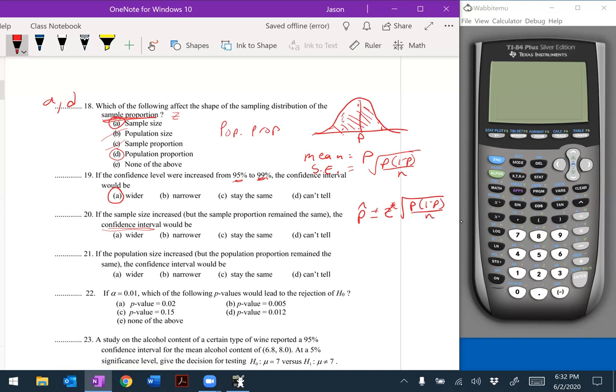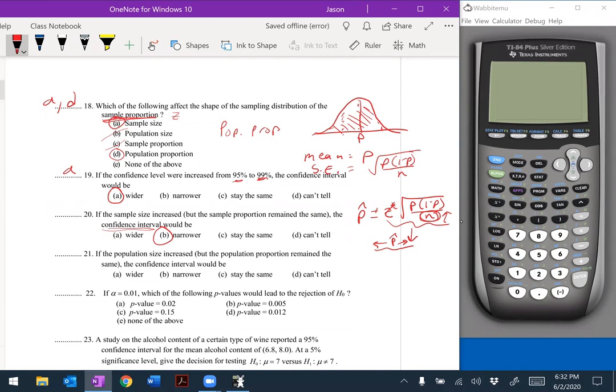So if n increased, my margin of error decreases, because I'd be dividing by a bigger number. I'd be adding and subtracting a smaller amount around p hat, so it would get narrower.